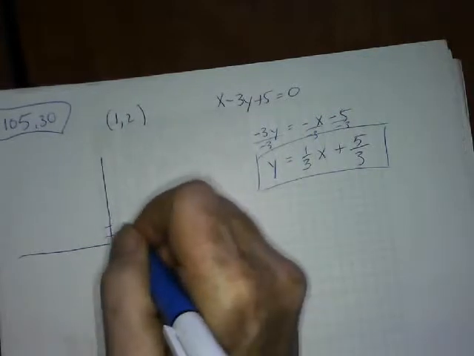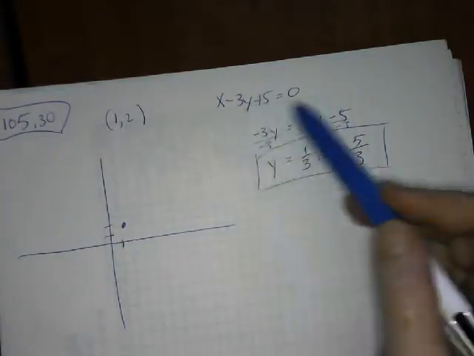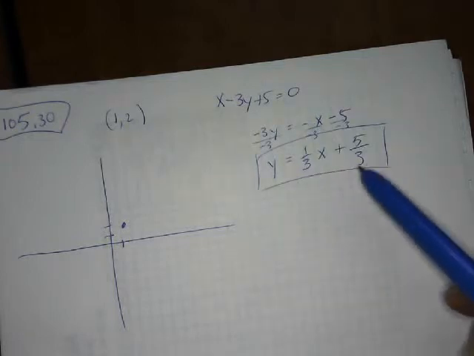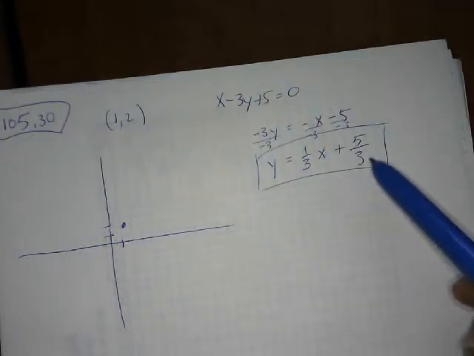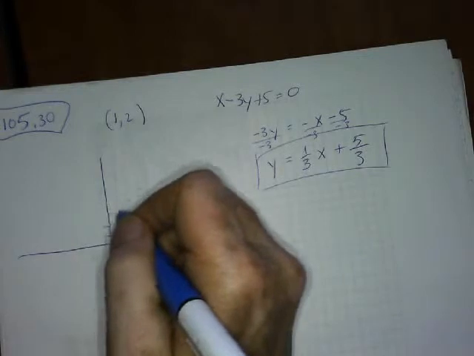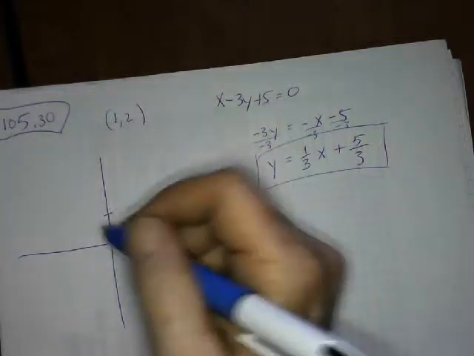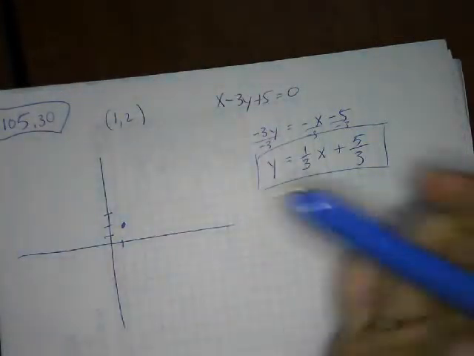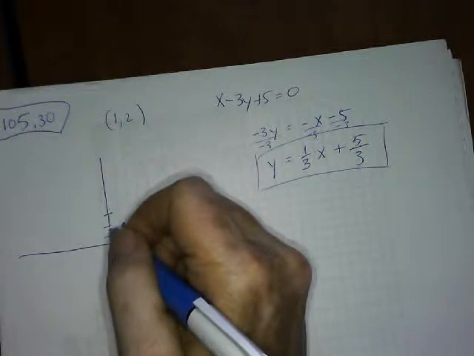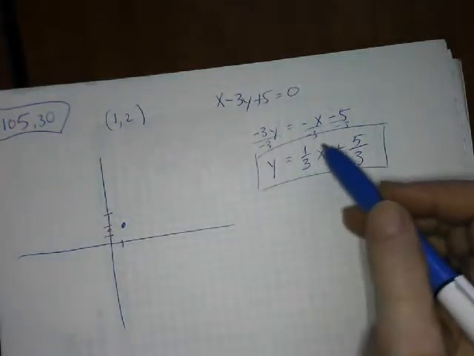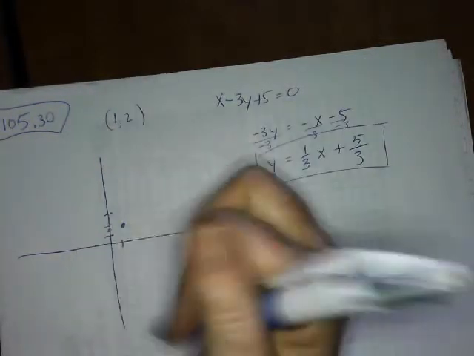1 and 2. And then I just took the line and put it in y equals mx plus b. So 5/3, that's somewhere, I don't know, 3/3. It's 1 2/3 or something like that. And I go up 1/3.